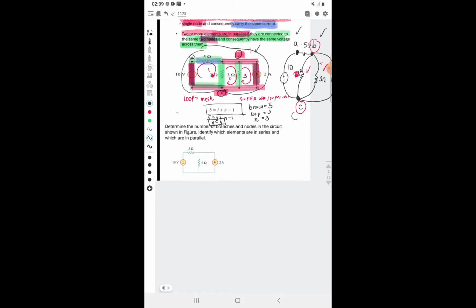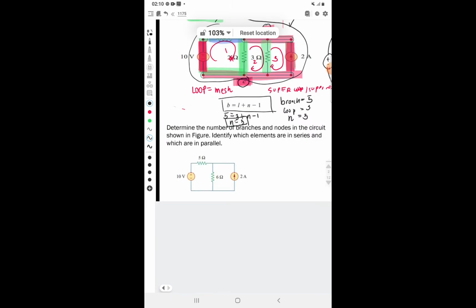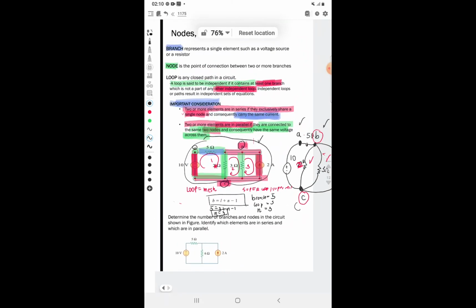Next, try natin to this example. So determine the branch and nodes in the circuits shown in the figure. So identify which elements are in series and which elements are in parallel. Okay. In identifying the parallel and series connection, just paste your answer in this one.